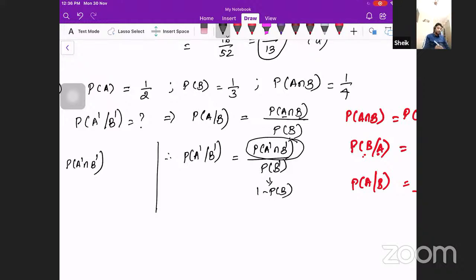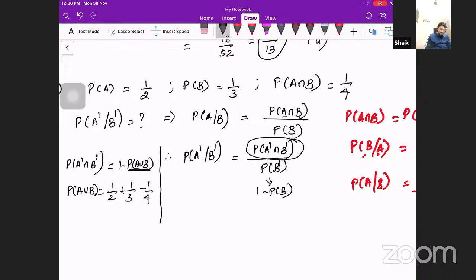So it is 1 minus P of A union B. Here we need to find A union B. P of A union B is P of A plus P of B minus P of A intersection B. Now we take LCM, which is 12.